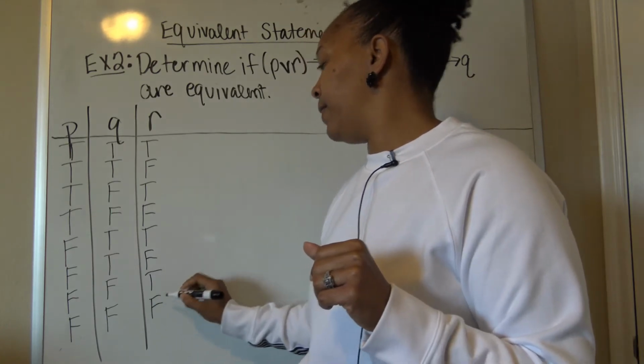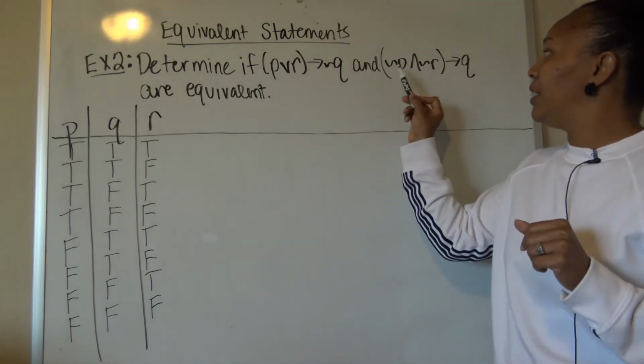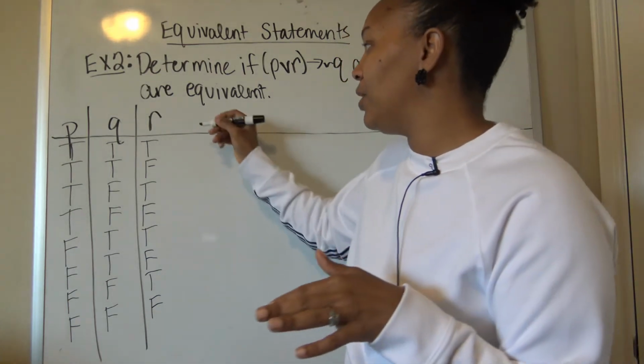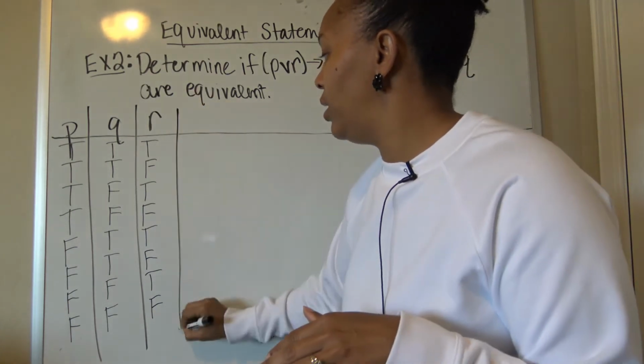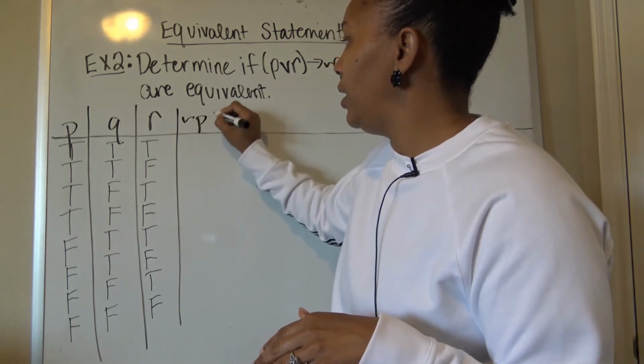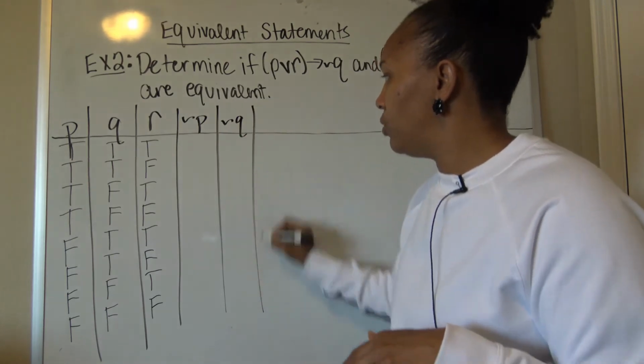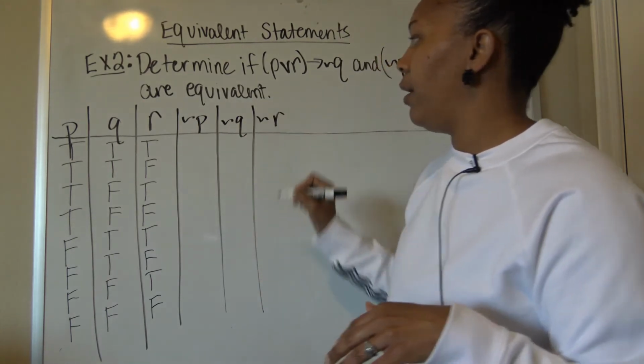Now notice we have a not Q, a not P, and a not R. So since we have a negation of all of those statements, I'm going to go ahead and negate P, Q, and R.